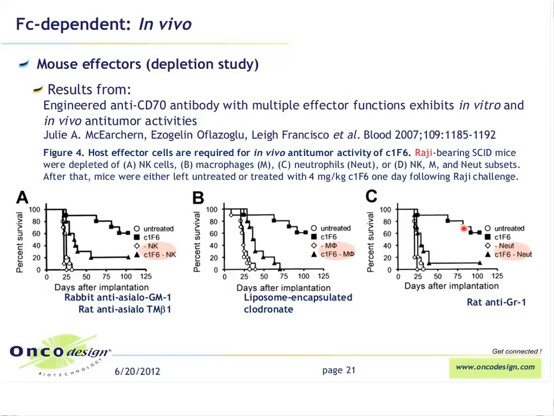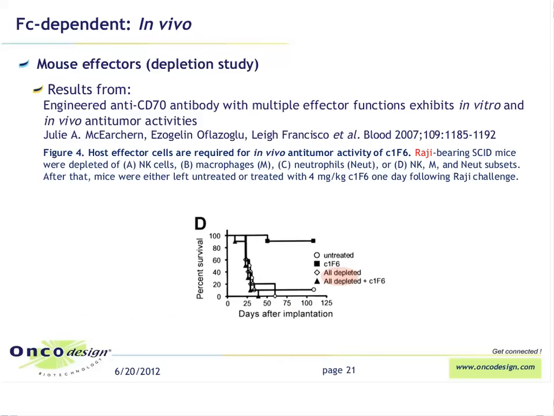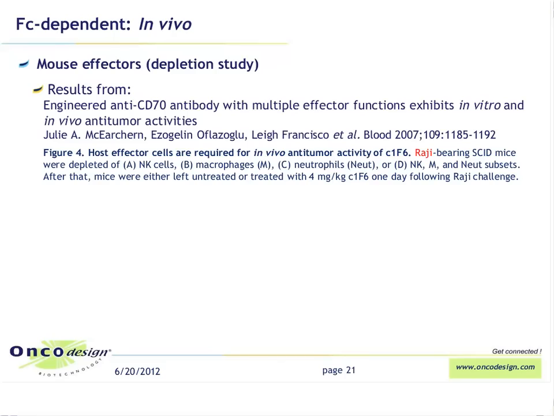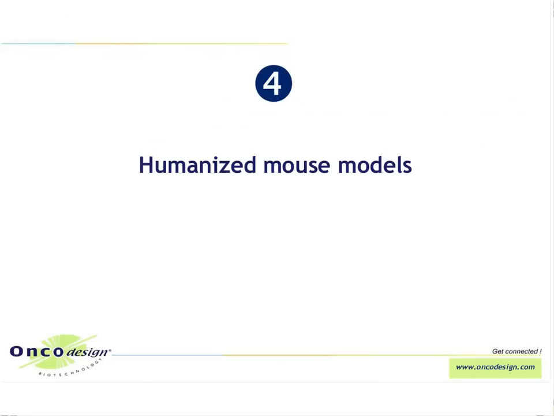And if all these three depletions are combined, the function and efficacy of the antibody is totally lost, meaning that in this therapy, only the Fc-mediated effect is effective towards the tumor, and there is no Fab-mediated effect.